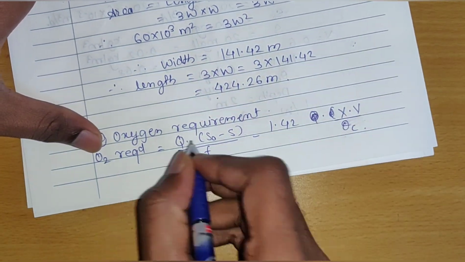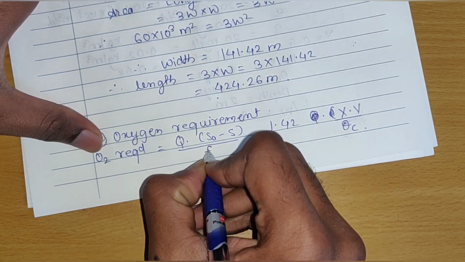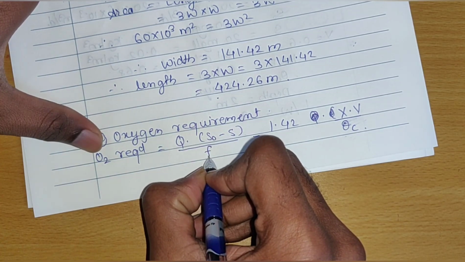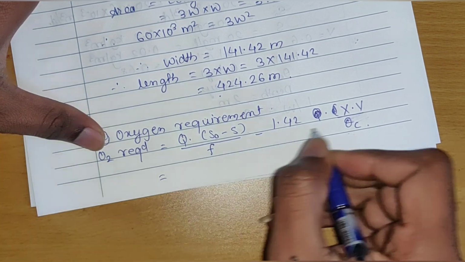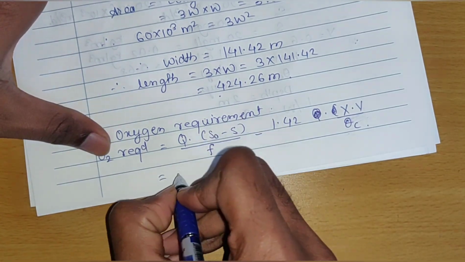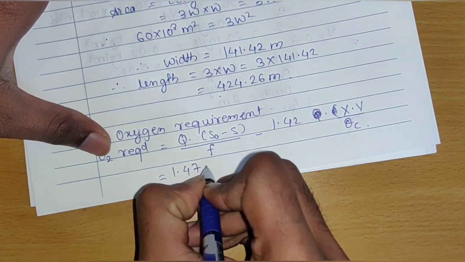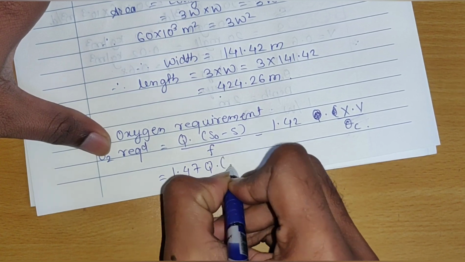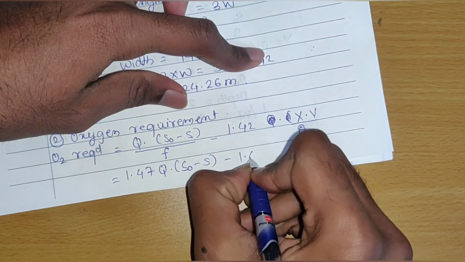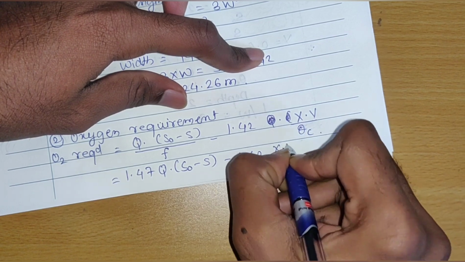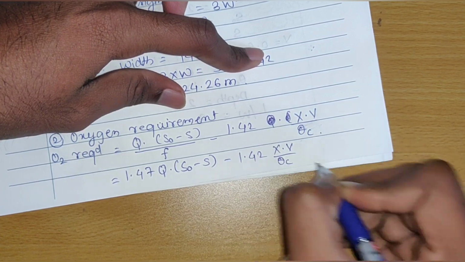Okay. In this formula the value of f is 0.68, and 1 upon 0.68 is nothing but 1.47. So it becomes 1.47 Q into S naught minus S minus 1.42 x into V upon theta c.